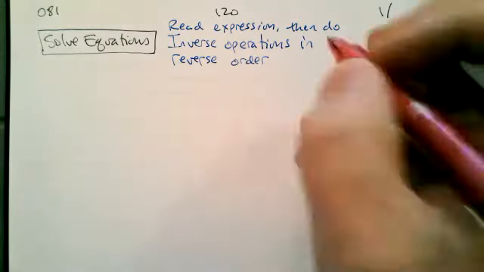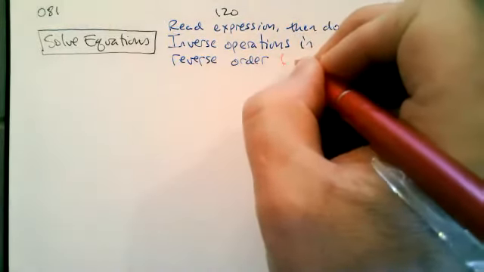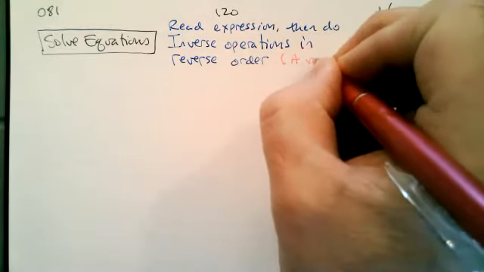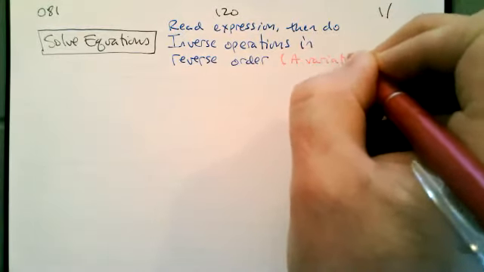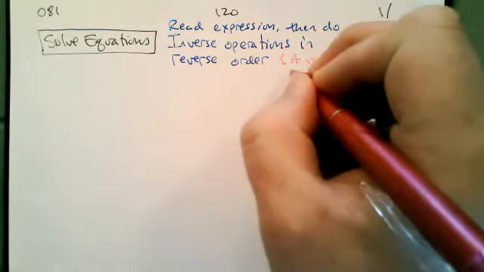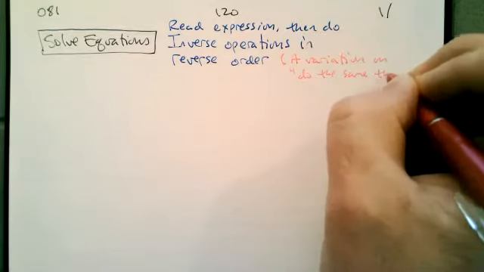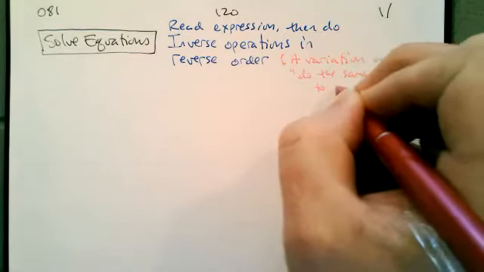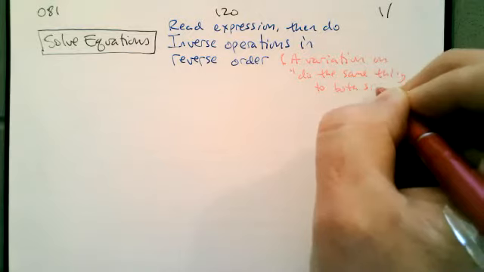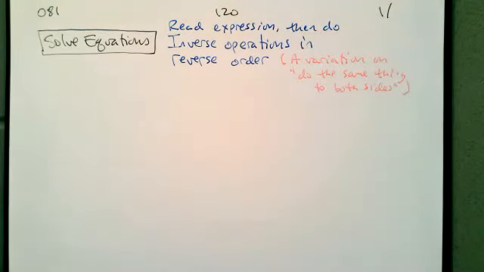For those of you who are familiar with that phrase, this is a variation on do the same thing to both sides, a variation on maintain balance in the equation.